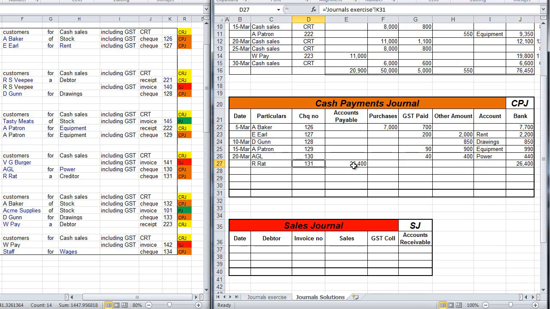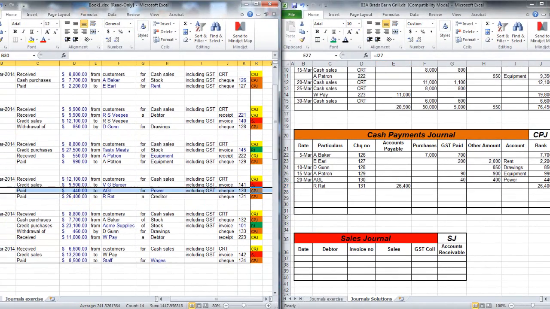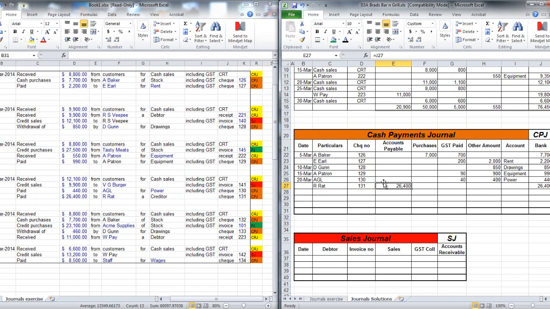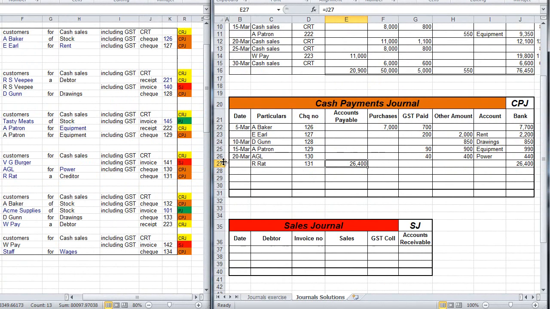RAT 131, accounts payable. So this is slightly different. This is where someone's given us credit, they're giving us stock, and we pay for it later. So here we go. RAT said, okay, now we can give him his money. And so we write a check and we give him his money. It's like getting a bill and we write a check for it. And then the total at the end.